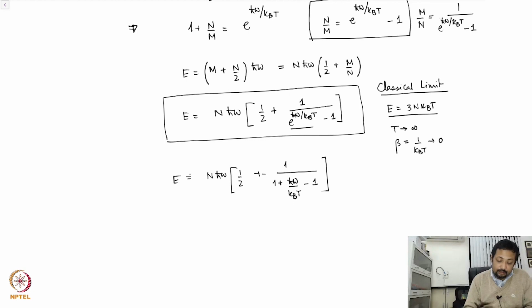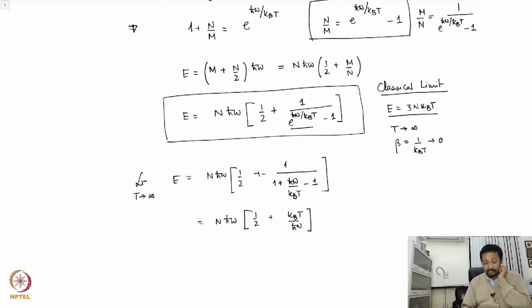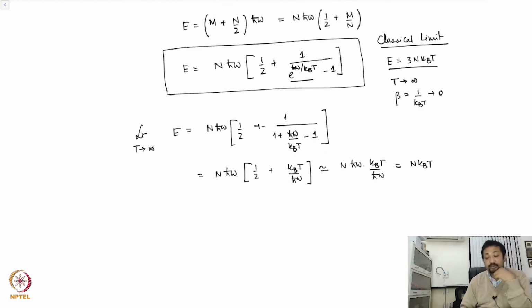In the limit of T to infinity, this is going to be n h bar omega times half plus kBT over h bar omega, and since my kBT is very large compared to this factor of half, this is going to be n h bar omega times kBT over h bar omega, which gives me the result nkBT, which is precisely the result for this, because we are looking at only a one-dimensional system.